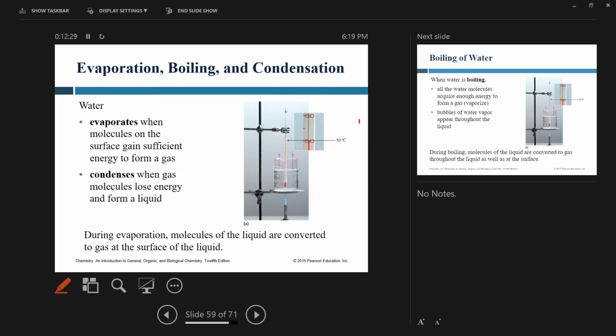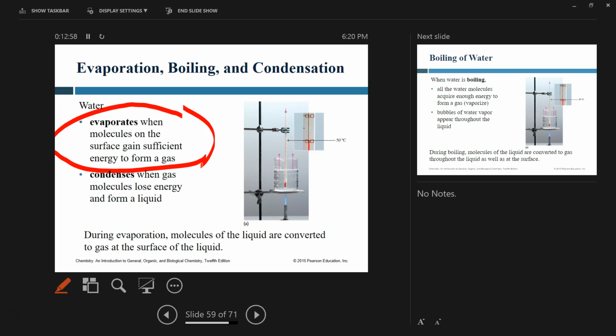Now, second concept. Transition from liquid to vapors, from liquid to gas. Evaporation is conversion from liquid to gas. You need to give molecules on the surface of water a sufficient amount of energy so they will fly away.